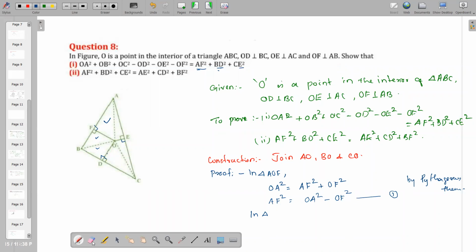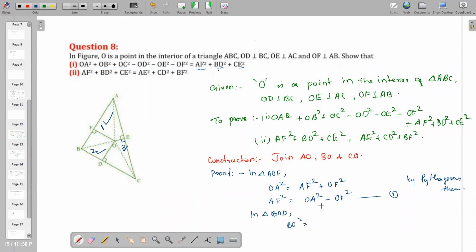So which three triangles can we take? First we can take this triangle, this triangle, and then this triangle. Okay, all other three we will take later. This one, 1, 2, and 3. So in triangle BOD, BO is the hypotenuse.